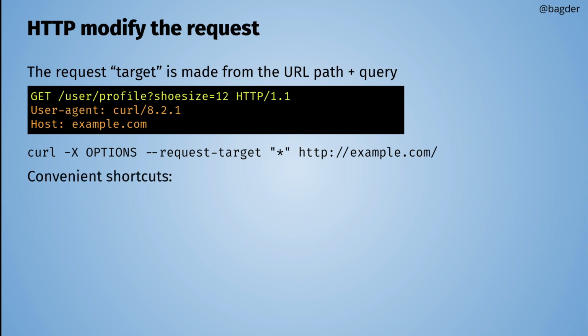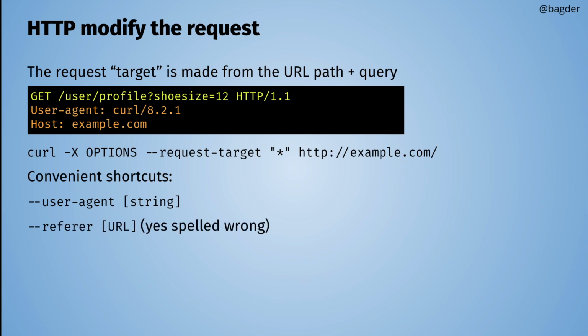There's also some convenient shortcuts, like if you want to set user agent, you don't have to do uppercase H setting header user agent and then set a string. It even has a short version called -A. You can set a referrer, and referrer is another header.